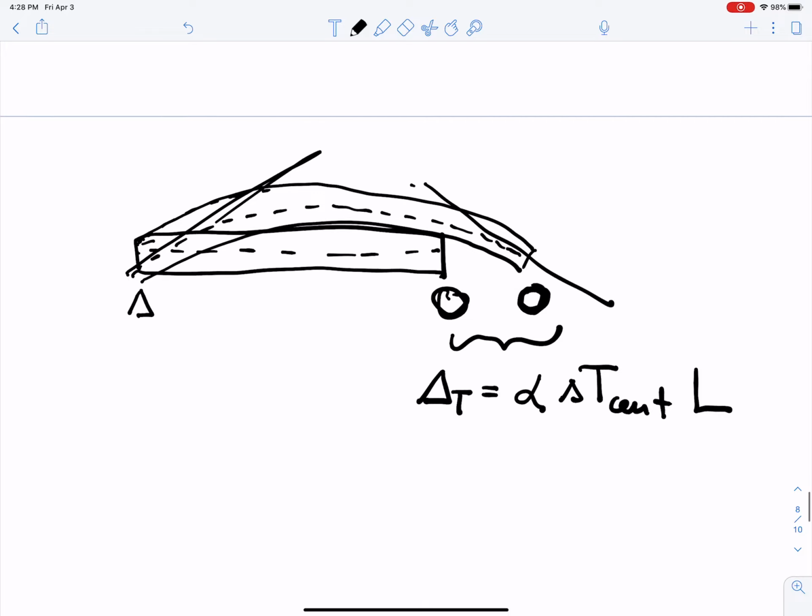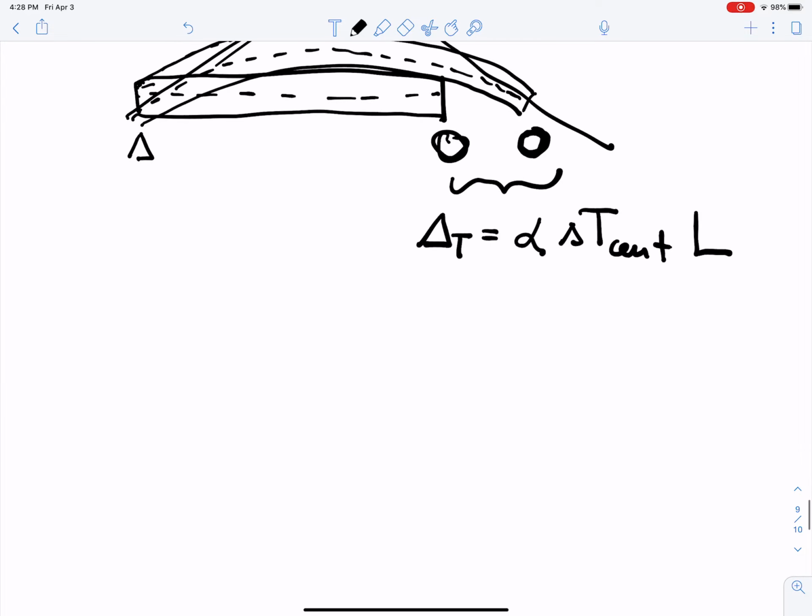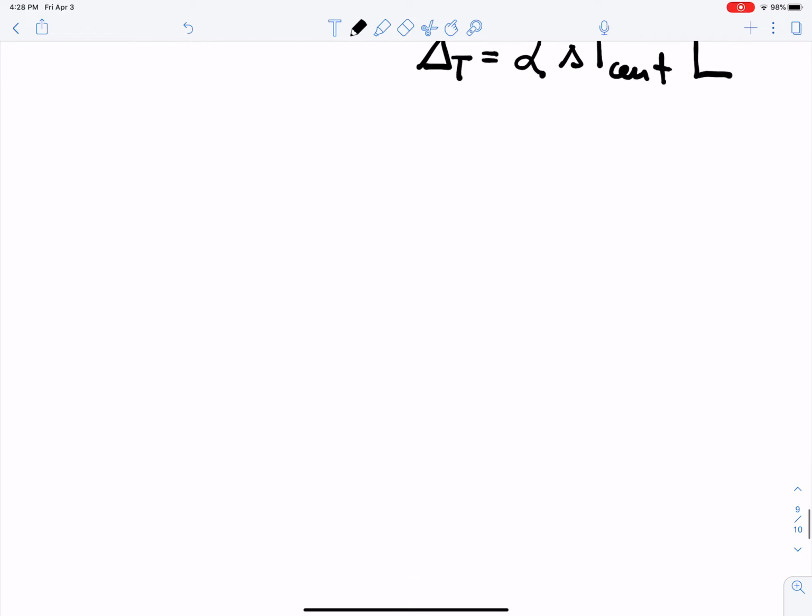So let's look at that in a little bit more detail. Let's set up and take a differential element of the bar.